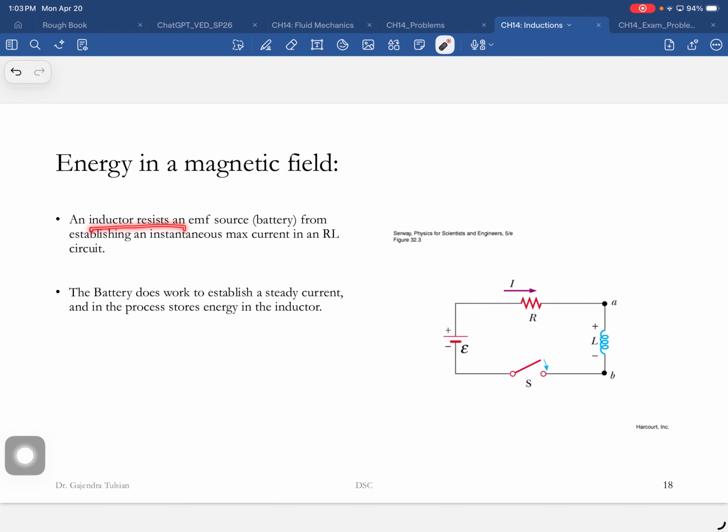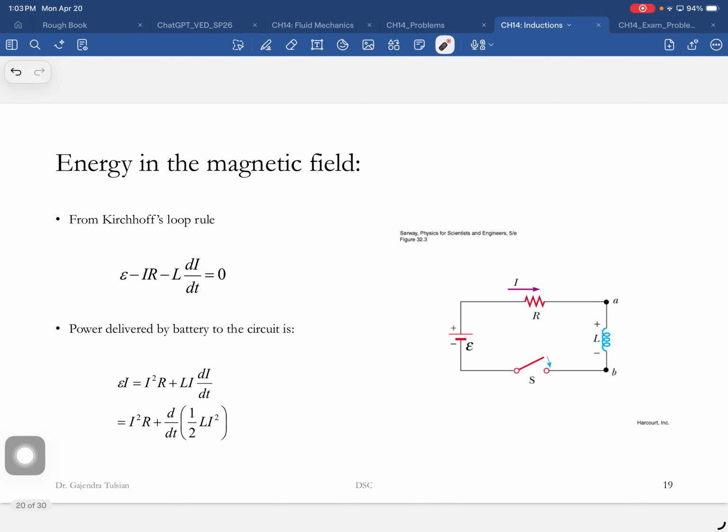An inductor resists an EMF from establishing an instantaneous maximum current in the RL circuit. When you close the switch, this guy prevents the current from going from 0 to maximum value instantaneously. So what is happening is the battery does work to establish a current. The battery is doing work to establish that steady state current, and in the process stores energy in the inductor. Okay, so let's look at that.